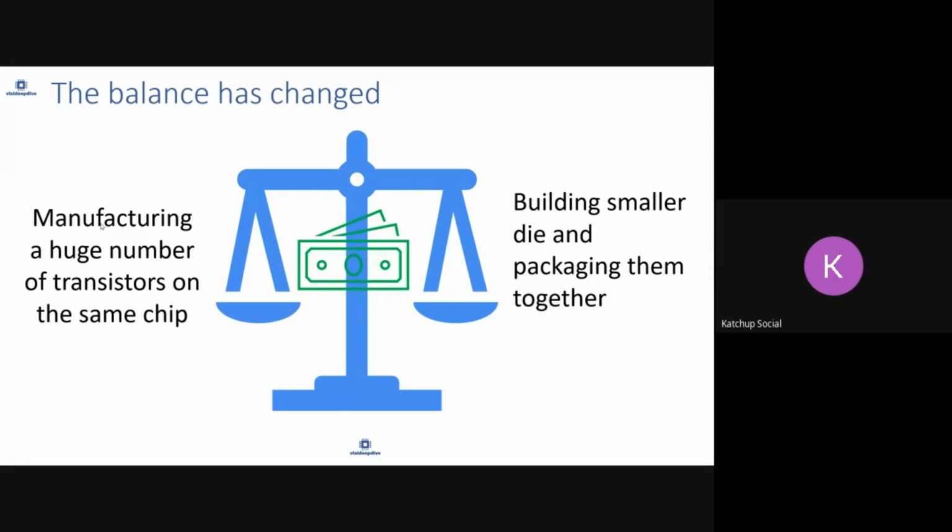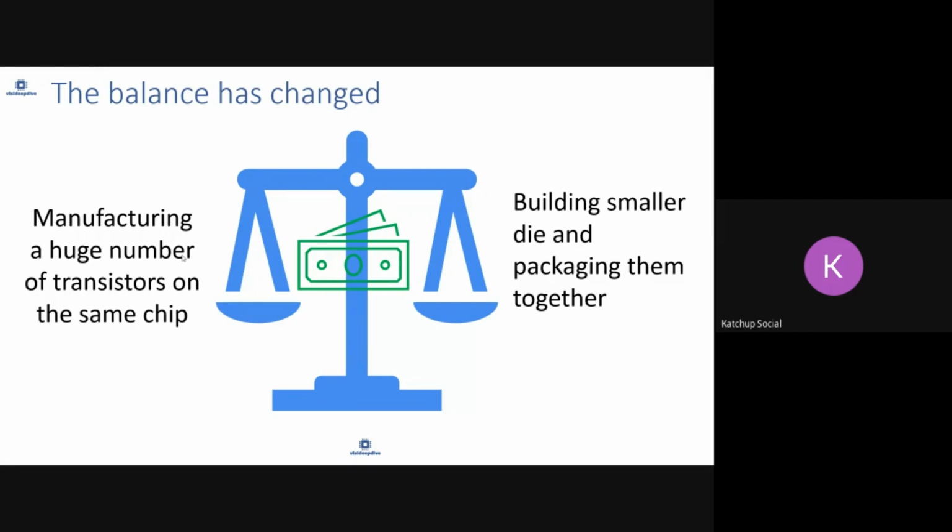But compared to that, building smaller dies and packaging them together, like a multi-chip module or a system in package, or something known as heterogeneous integration, was less economical than developing an SoC. But as we are going towards lower nodes, this balance has shifted.